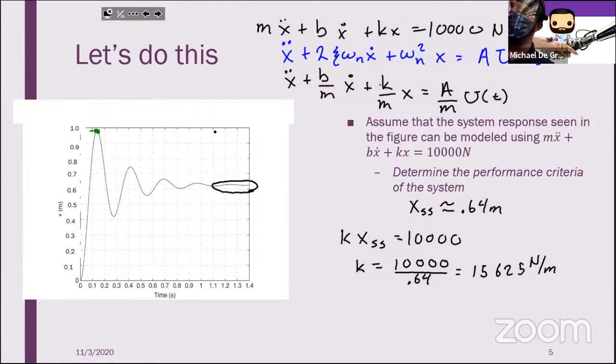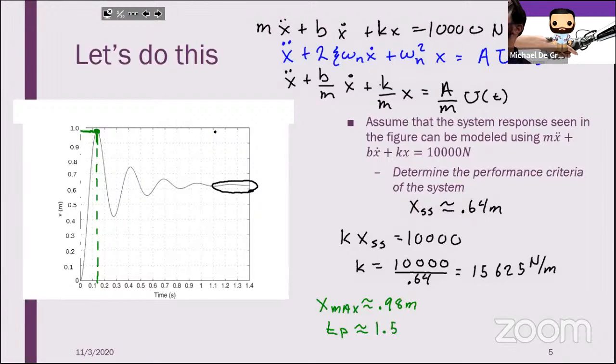I can use this point and pull off the maximum peak value, which I will call X max, and I'm going to say X max is approximately 0.98 meters. And I'm going to pull off the time to peak. I'm going to say that's approximately not 1.5, but 0.15 seconds.